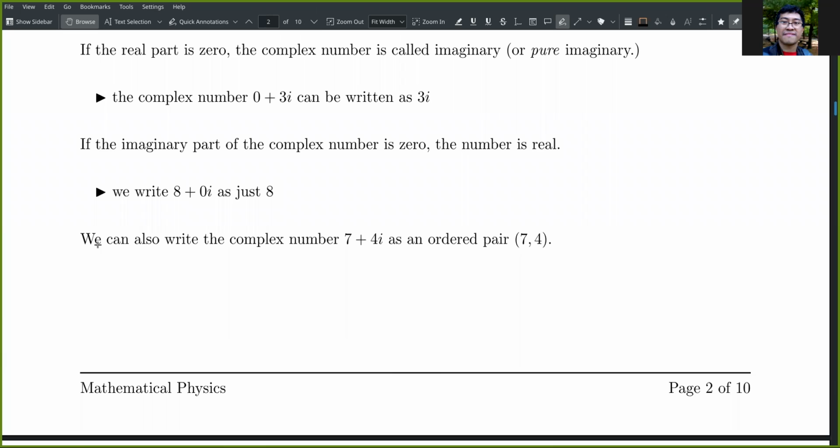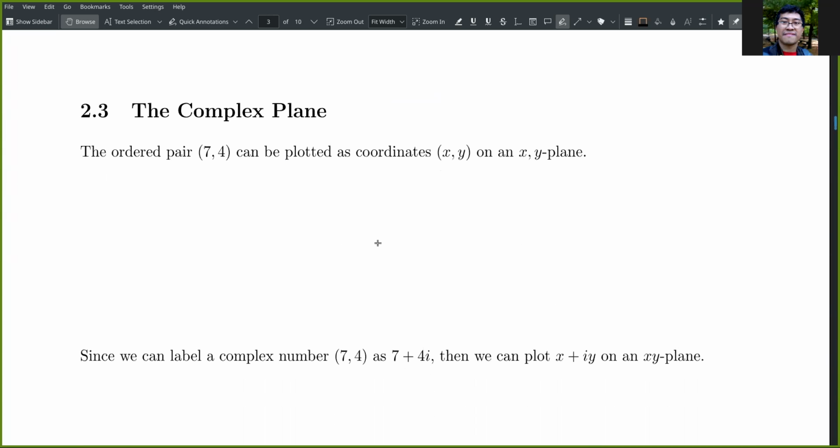Now we can also write the complex number 7 plus 4i as an ordered pair, 7, 4. We write the real part first and the imaginary part next. In a complex plane, the ordered pair 7, 4 can be plotted as the coordinates x, y on an xy plane.